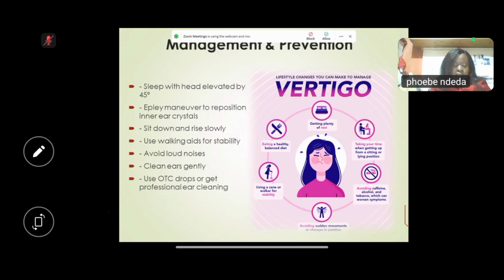I want us to look at certain myths surrounding vertigo. Some people say that vertigo is simply dizziness, which is not true. Some people also say that vertigo is fear of heights, which is also not true. And some people say that it only affects the elderly. It is not true because it also affects small children, especially with that condition of dyslexia.